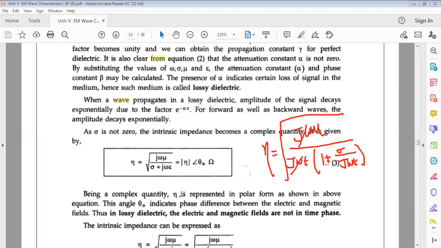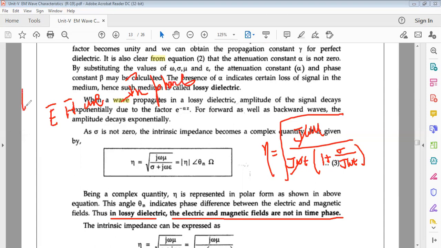Being a complex quantity, eta is expressed in the polar form as shown in the equation. This angle theta n indicates the phase difference between the electric and the magnetic fields. Thus, in a lossy dielectric, the electric and magnetic fields are not in time phase. In the lossless dielectric, we say that E bar and H bar, the electric and magnetic fields, are in phase.